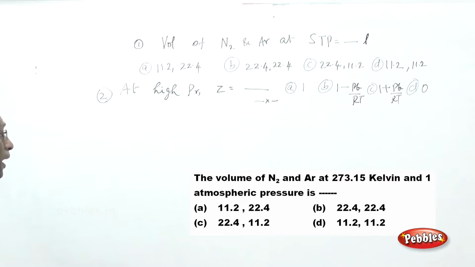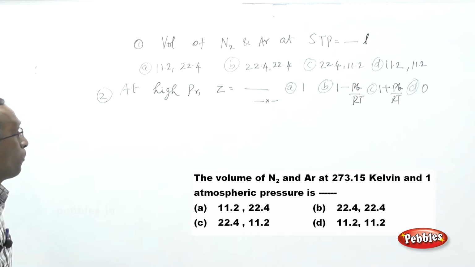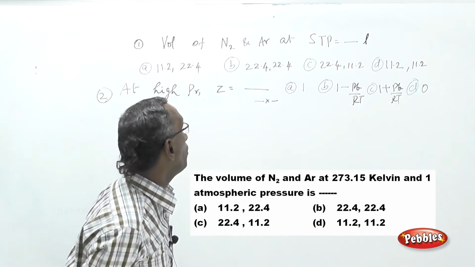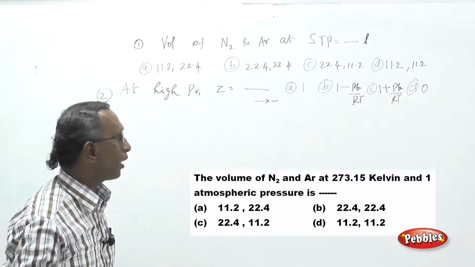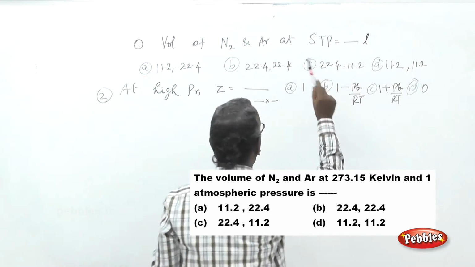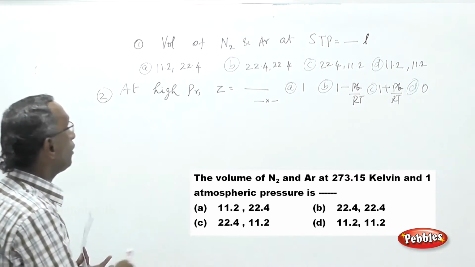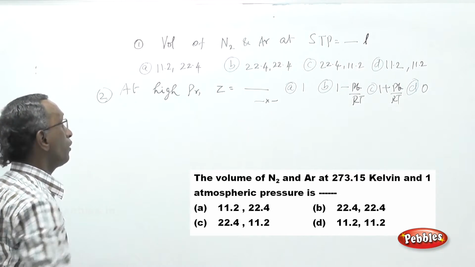So nitrogen 11.2 liters, argon 22.4 liters is one choice. In the second choice, both volumes are 22.4 liters. Very different choices are given, with the same volumes for both but different numerals, and opposite volumes also given. The molecular formula also differs.